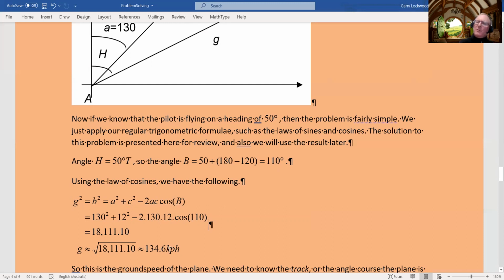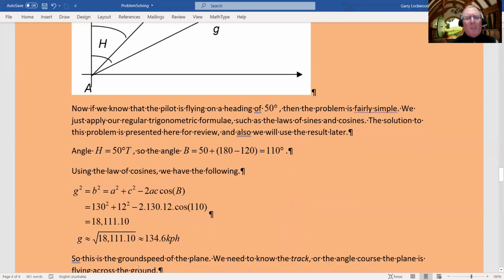And of course, when you're doing this for yourself, you should keep a large number of decimal places in your calculator. You might have to store that in memory somewhere. But don't write down 134.6 and then clear that from your calculator and then proceed calculating again. Keep the whole number there somewhere, even if you have to store it in memory.